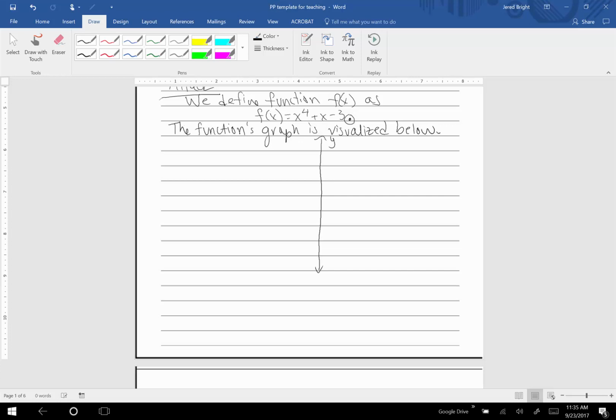So this is my y-axis, and this is my x-axis, and I'm going to go 1, 2, 3, 1, 2, 3, 1, 2, 3, and I need to make sure to label a scale here, so this is -1, -2, and this is 1 and 2.